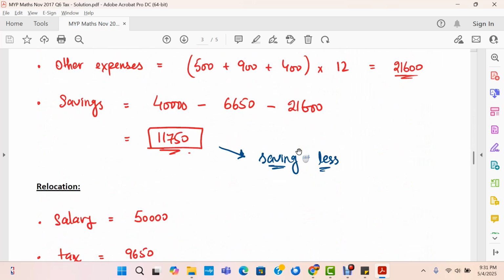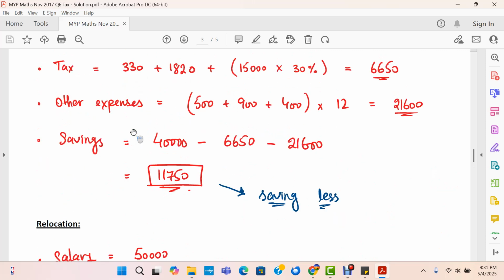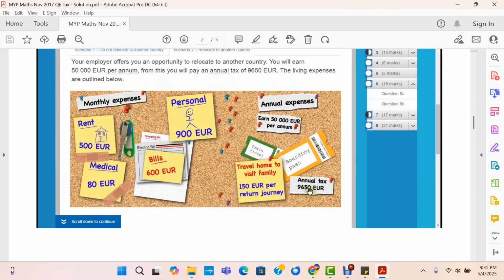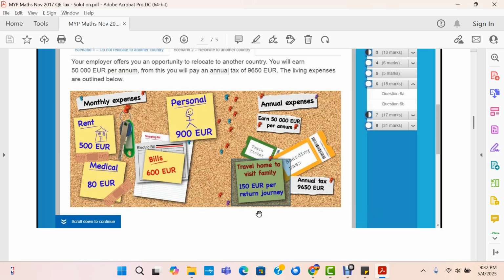All right. Relocation, my salary is 50,000. My tax has already been calculated. I don't need to calculate it. As you can clearly see, annual tax. This is ambiguous. I don't know how many return journeys I'm going to make. This means that if the question has a bullet point of accuracy, I can label this point as something ambiguous, something as an estimate, something as inaccurate, because no one told me how many visits to make to my home country.